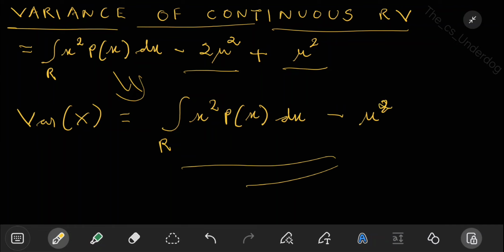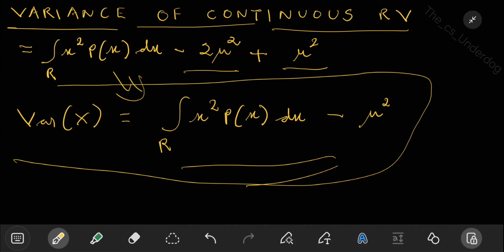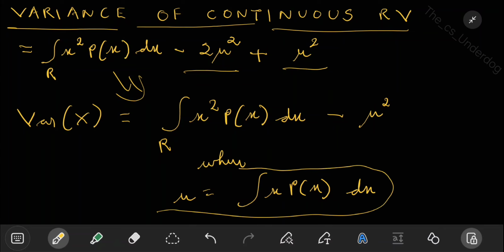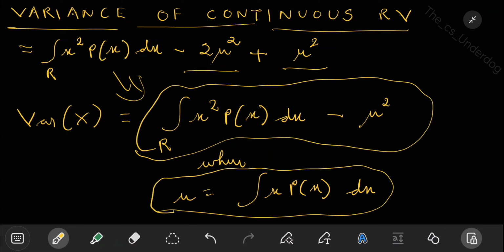So this is your formula for the variance of a continuous random variable X. And here let me mention mu, where mu is equal to the integral of x into p of x dx, because mu is the expectation. This mu is the expectation of random variable X, and this term is the variance: over the range R, the integral of x square p of x dx minus mu square.